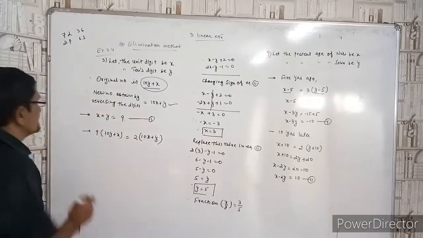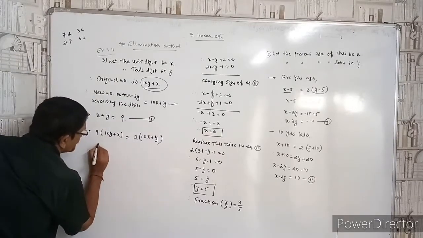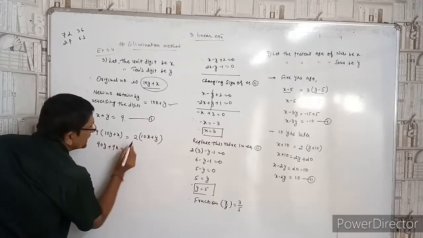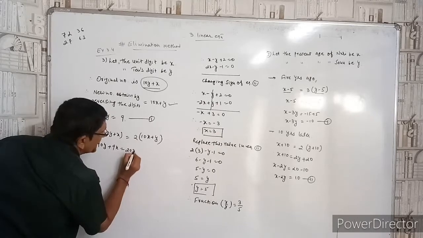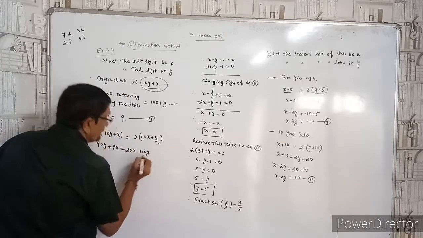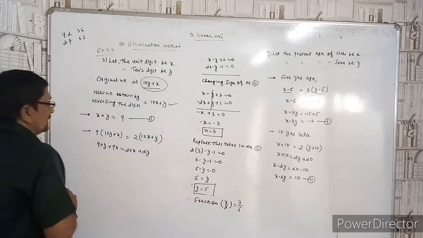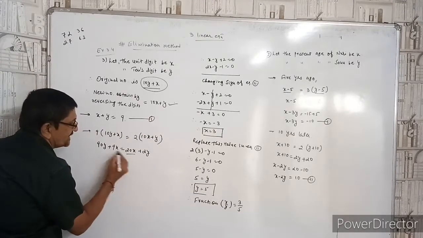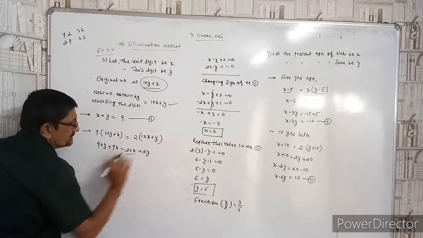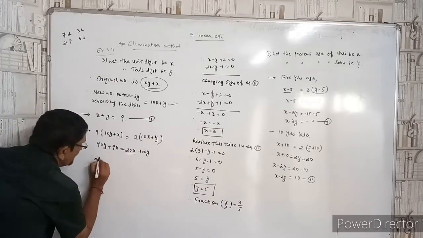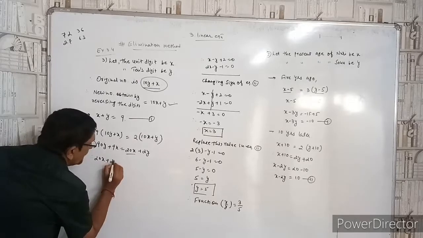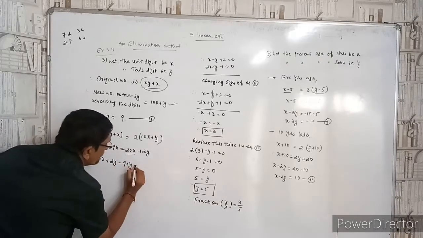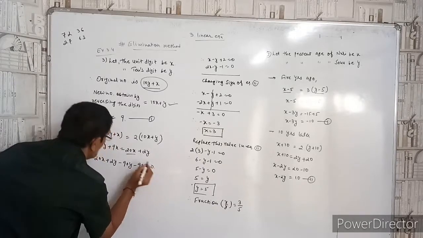Now for simplification: 9 tens are 90, so it is 90y plus 9x is equal to 20x plus 2y. Just switch all the numbers to one side. Suppose we consider that x is greater, so I am shifting these two numbers to this side. So it is 20x plus 2y minus 90y minus 9x is equal to 0.